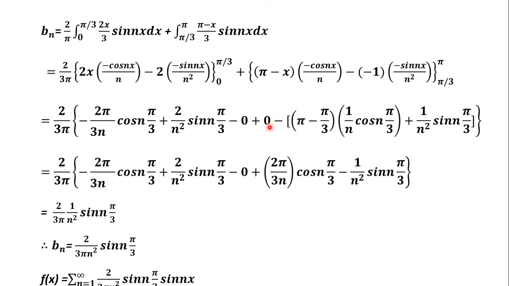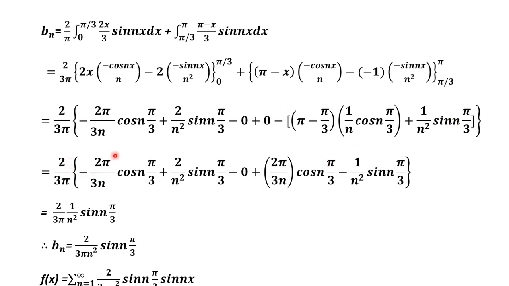The value at the lower limit is to be subtracted, so it is minus of (pi by 3 minus pi by 3) into 1 by n cos n pi by 3, it's minus of minus 1 by n cos n pi by 3 plus 1 by n square sin n pi by 3.